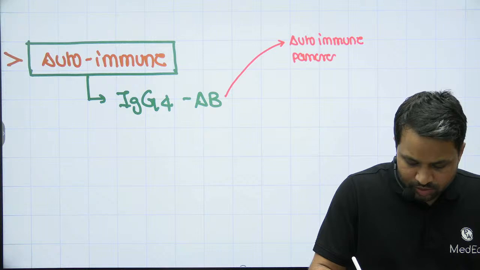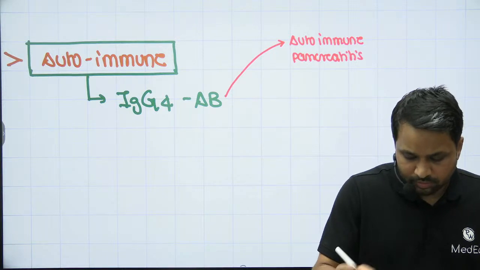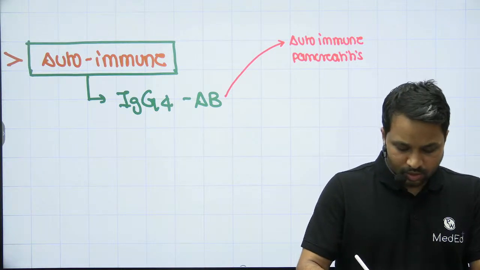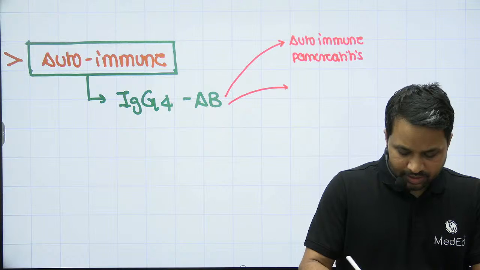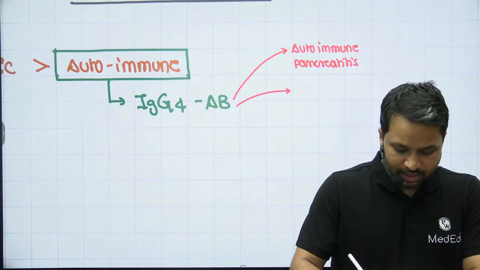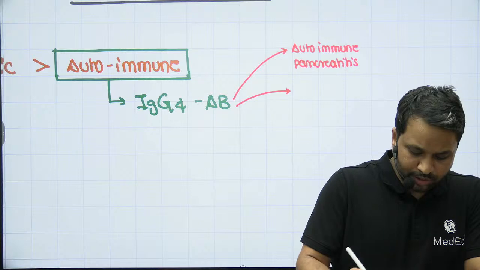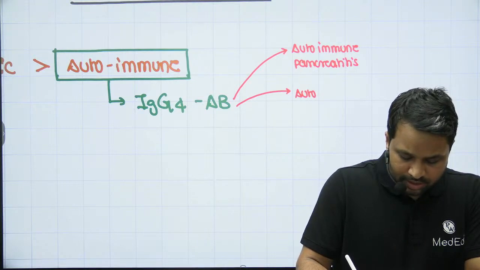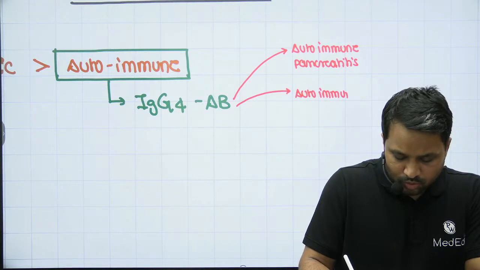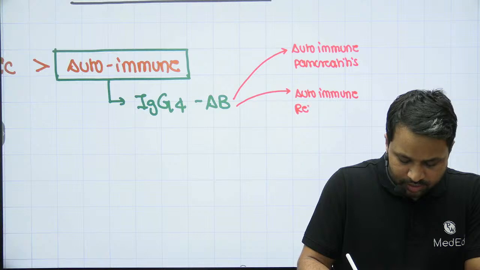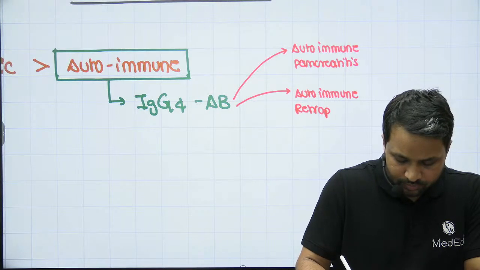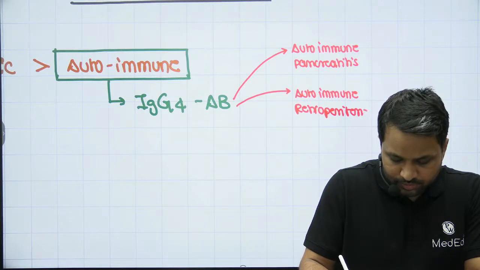It is also seen in autoimmune retroperitoneal fibrosis.